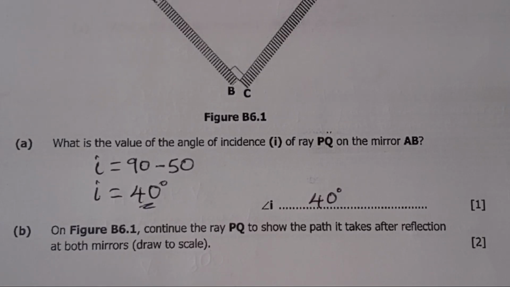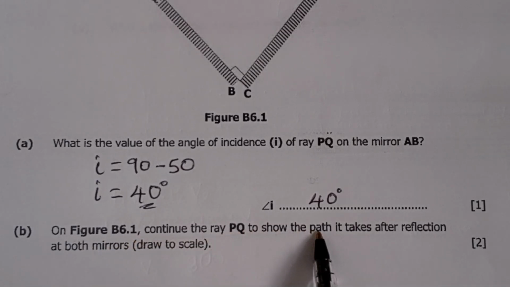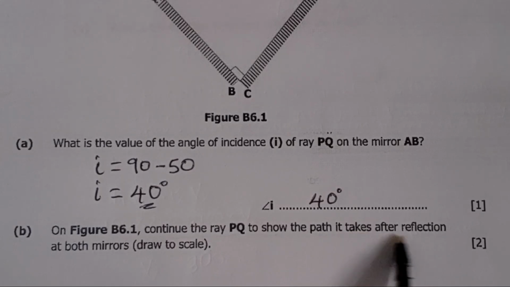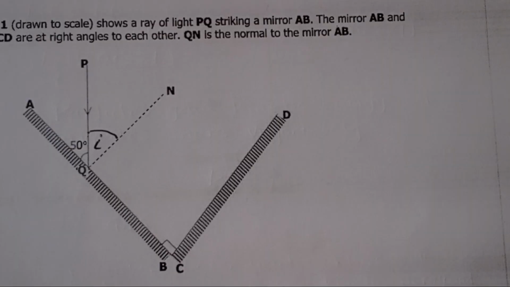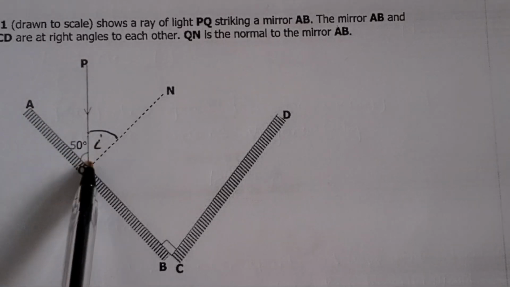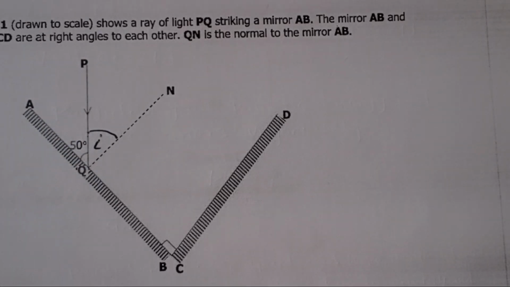Part B. On figure B 6.1, continue the ray PQ to show the path it takes after reflection at both mirrors. Draw to scale.